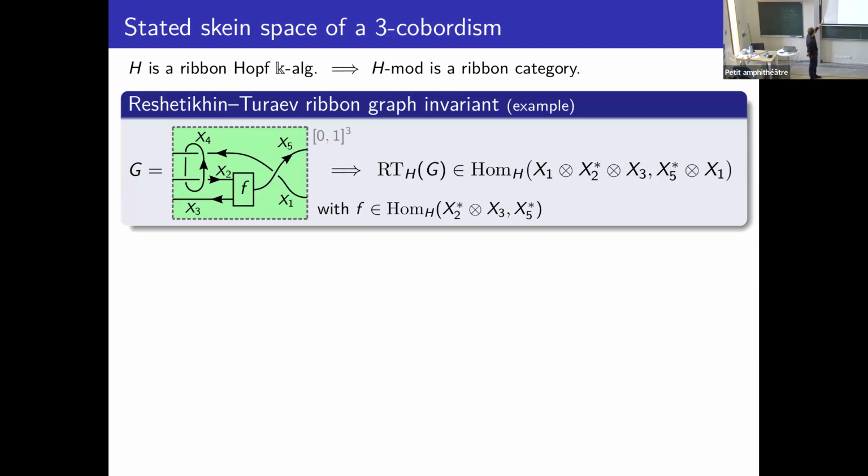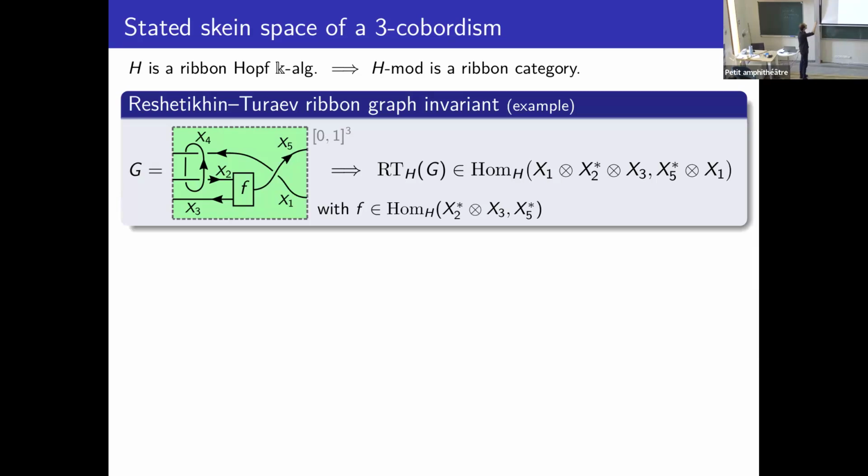So on the left side, you see x1 outgoing, x2 ingoing, and x3 outgoing. So it will give you this source vector space. And on the right side, on the arrival, what you see is x5 outgoing and x1 ingoing, so it will give you this vector space, okay?